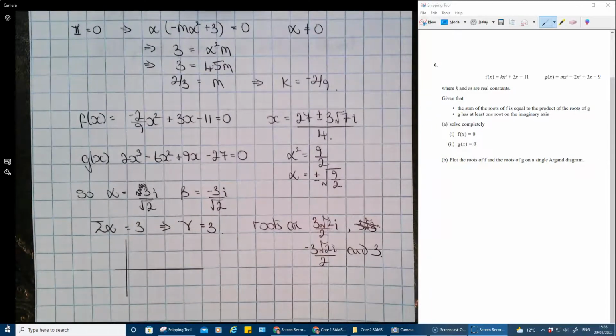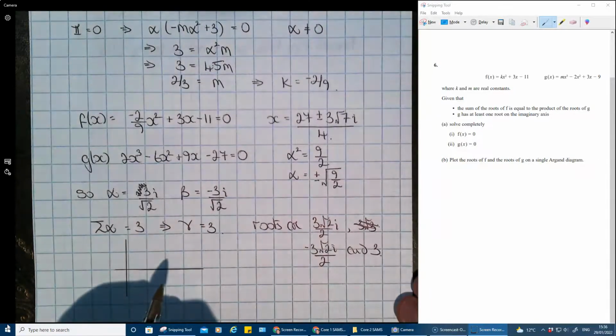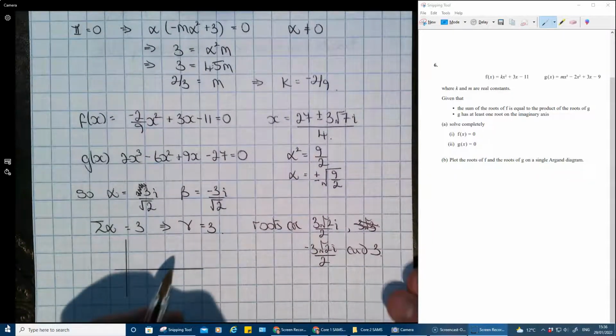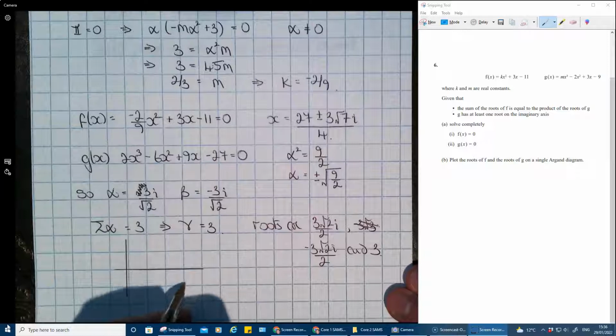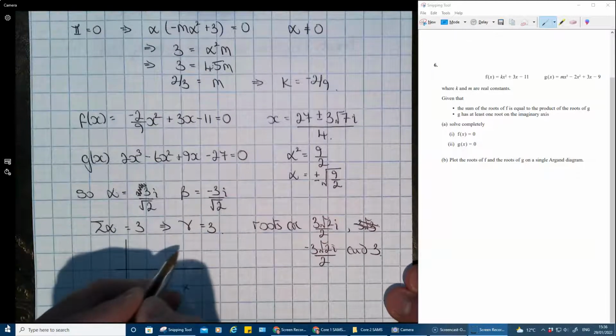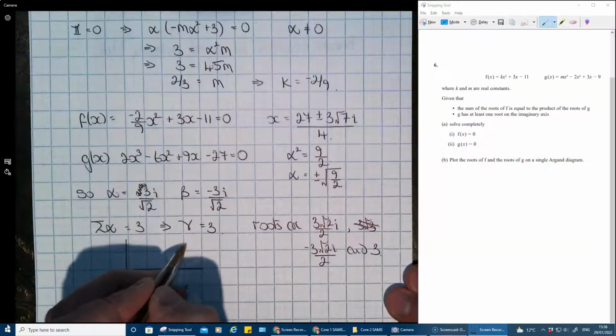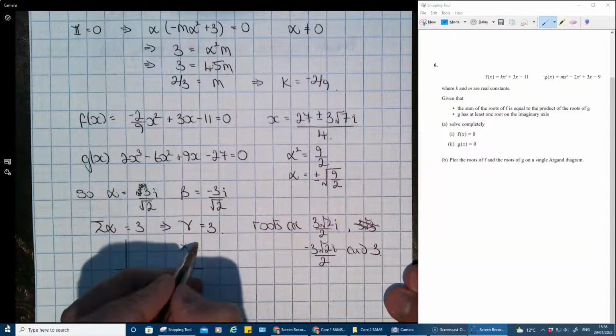F of x I've got up here, 27 plus 3 root 7 over 4 i, which is roughly over here. Probably do a slightly better plotting job than me, but there we go. So that's f of x.